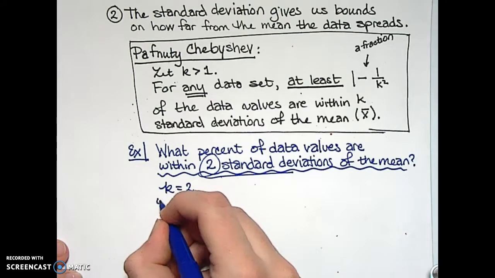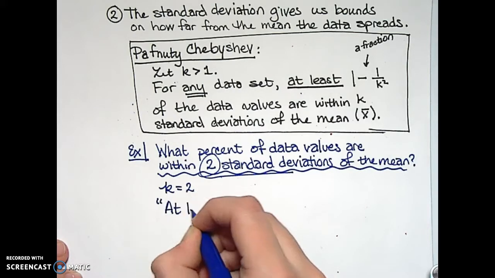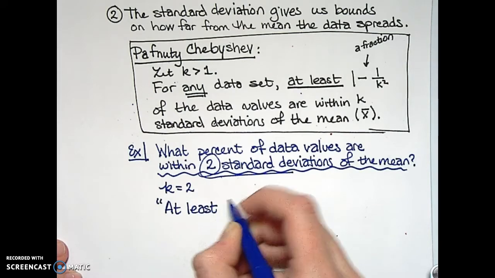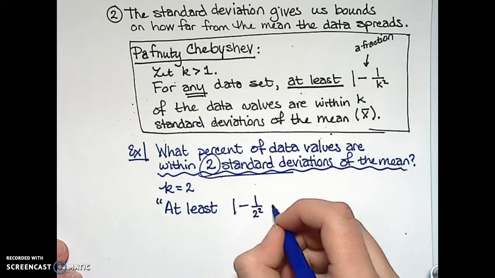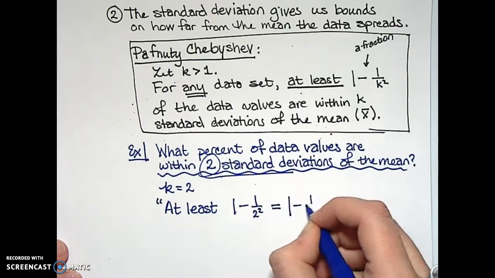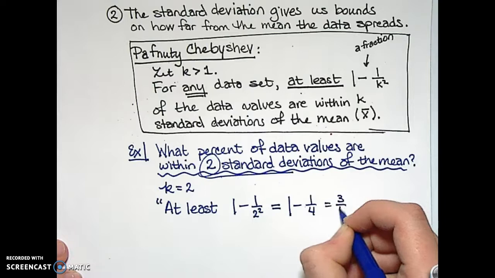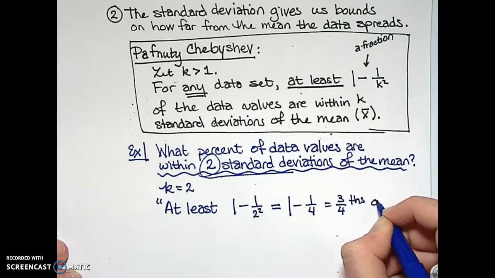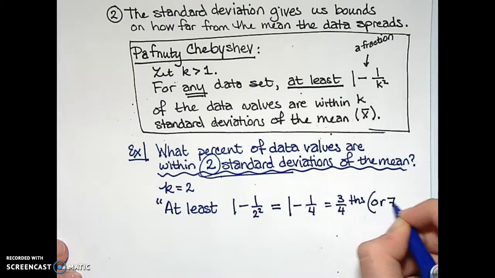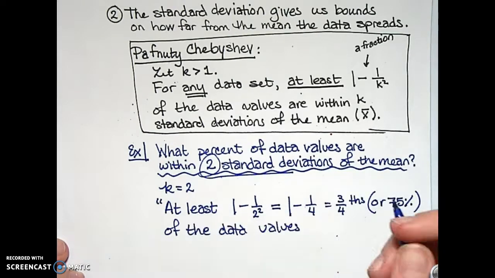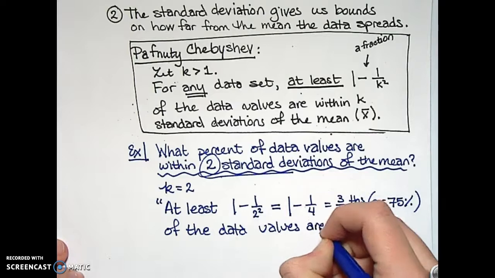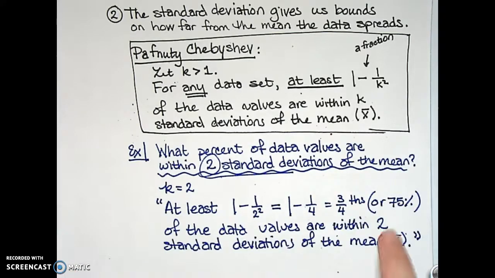So according to Chebyshev's theorem, at least 1 minus 1 over 2 squared, which is equal to 1 minus 1 over 4, or 3/4, or 75%, of the data values are within 2 standard deviations of the mean. So at least 75% of your data values are always within 2 standard deviations of the mean.